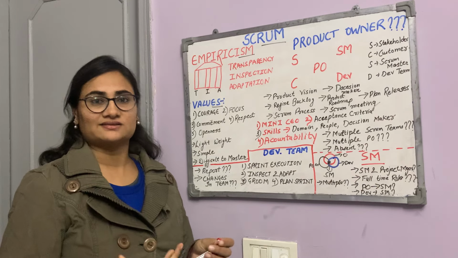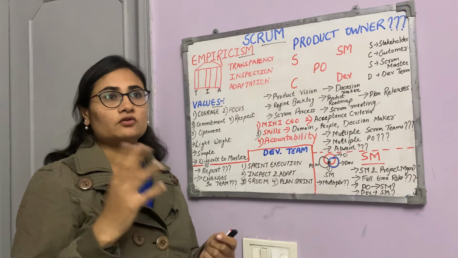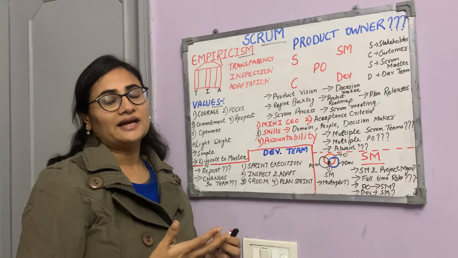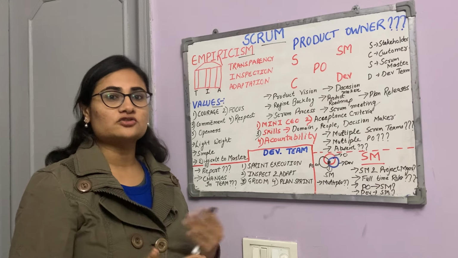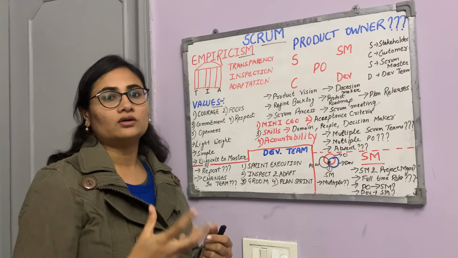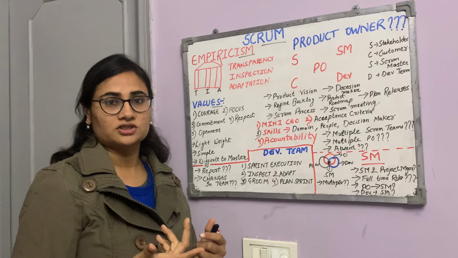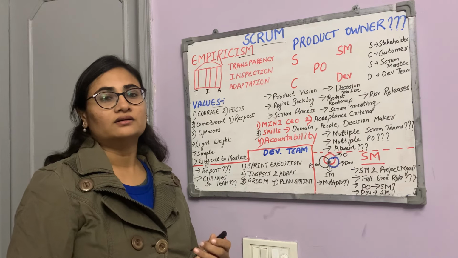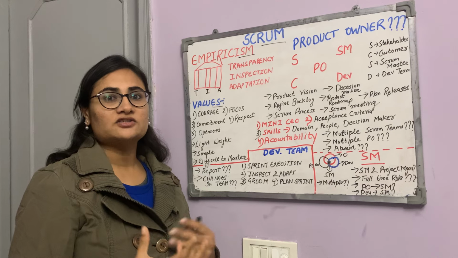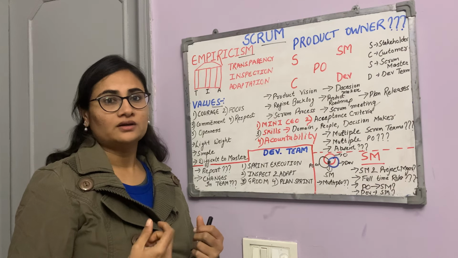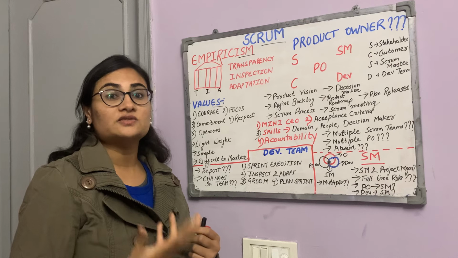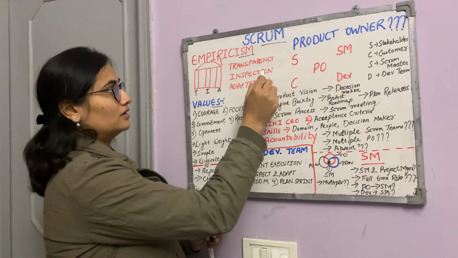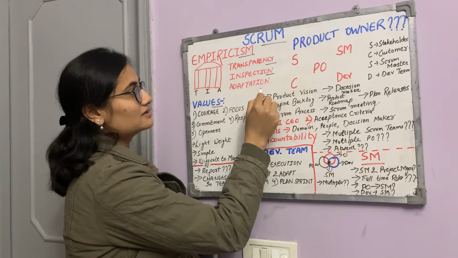So, what is empiricism? If you go to the dictionary definition of empirical, it says something which is based on experience, not on any hard theory or logic. Why do we say that Scrum is based on empiricism, on experience, not on theory or logic? That is because of these three pillars.